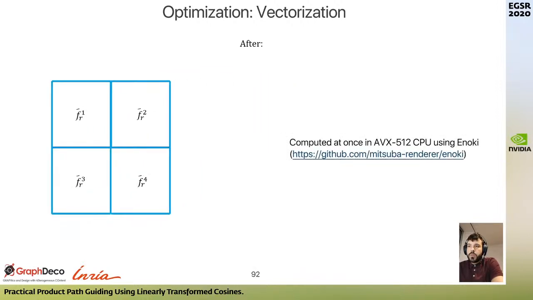As you can see, we compute these 16 pairs of computation at once in an AVX512 CPU using the Enoki library. Since this can be difficult to do without introducing more overhead, please refer to our published code for implementation specifics.